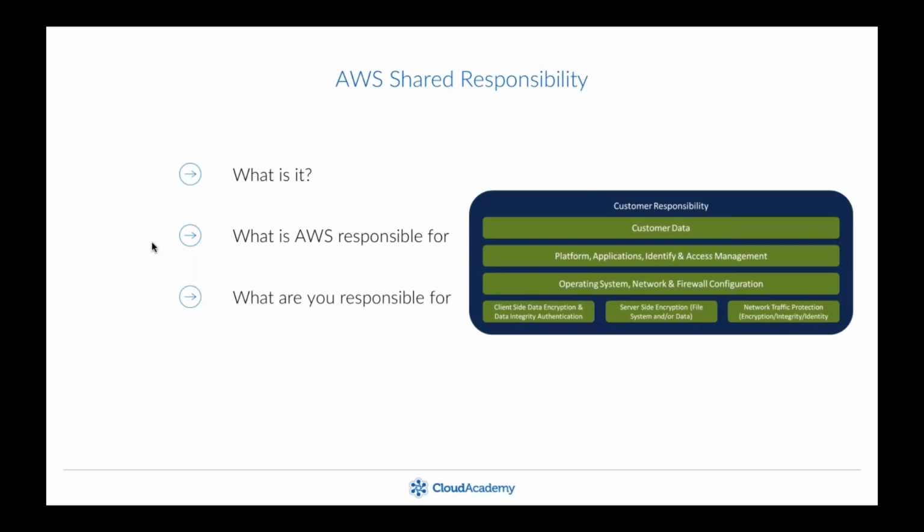Looking at what we're responsible for, it's essentially everything else on top of that. We're responsible for security in the cloud. So looking at our VPCs, for example, we'll be responsible for configuring security groups and network ACLs from a firewall perspective. We'll be looking at hardening our instances and our OSs, making sure they're all patched with the latest patches, and setting up key pairs for decrypting logon information.